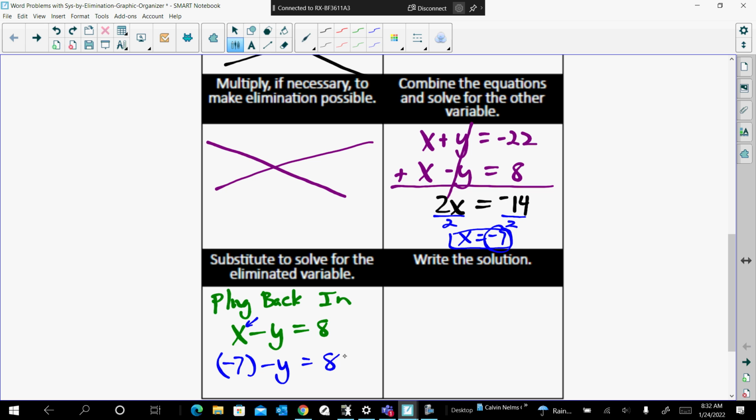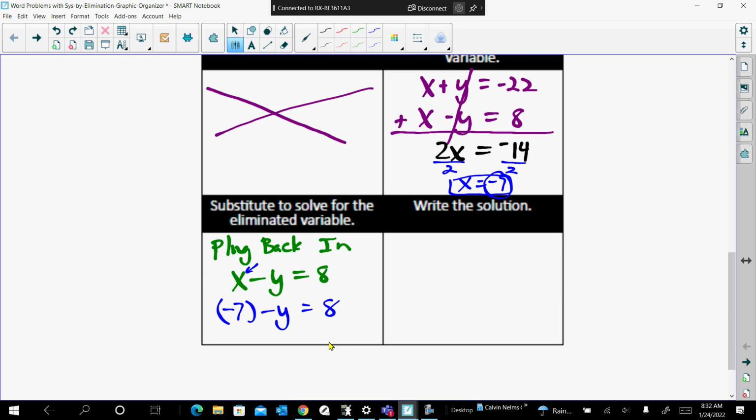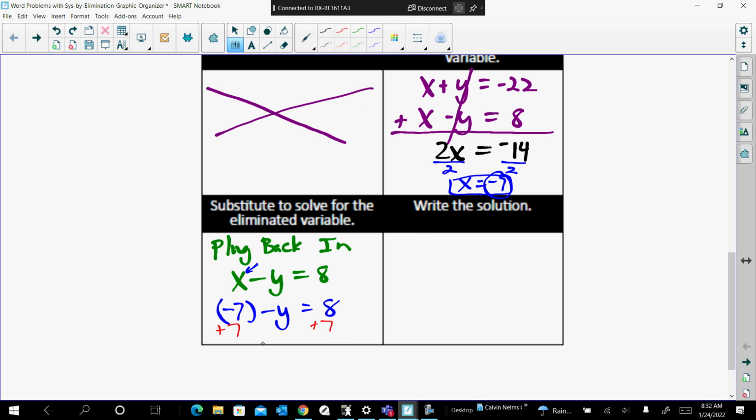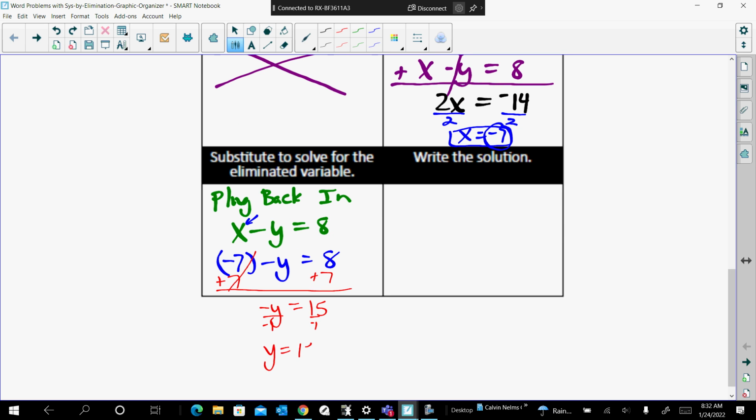We're solving for y. So basically all I need to do here is add 7 to both sides. We get negative y equals 15, but we can't have a negative. So when we divide by negative 1, our y equals positive 15, right?